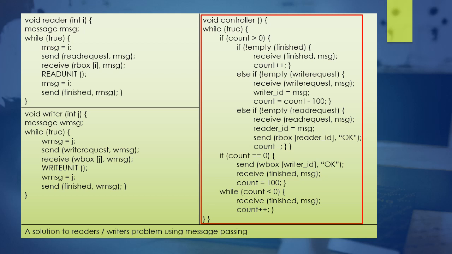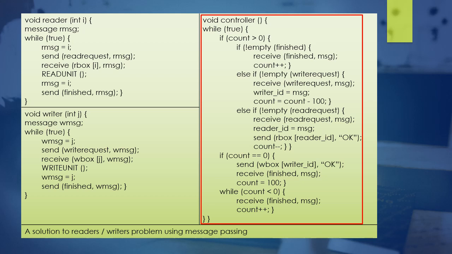In addition, mutual exclusion must be enforced. To do this, the variable count is used, which is initialized to some number greater than the maximum possible number of readers. In this example, we use a value of 100.